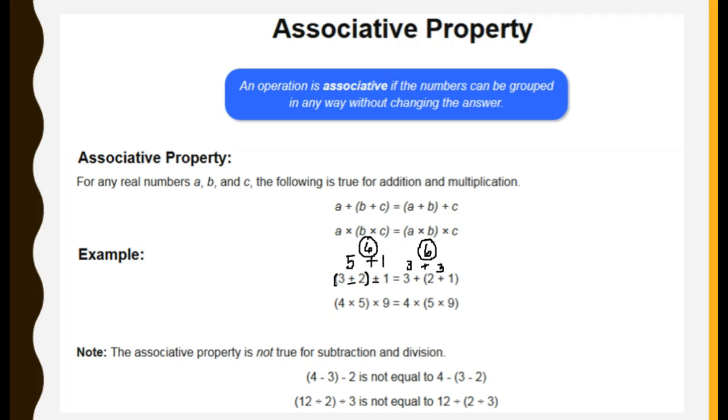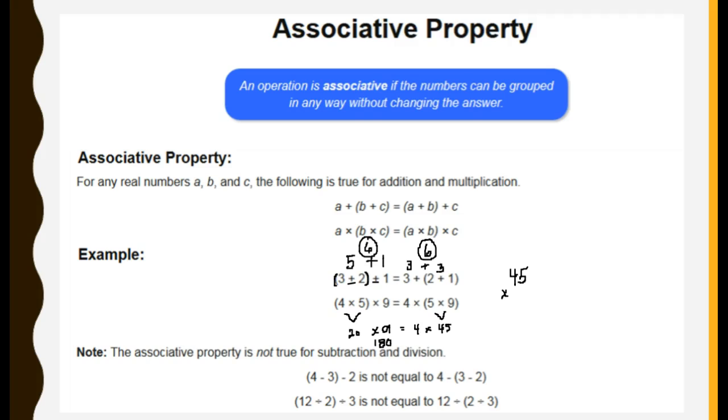So it also works for multiplication. You can see here in this example, 4 times 5, we'll start with that, is 20, times 9, that would be 180. Let's try the other way. 5 times 9 is 45 times 4.